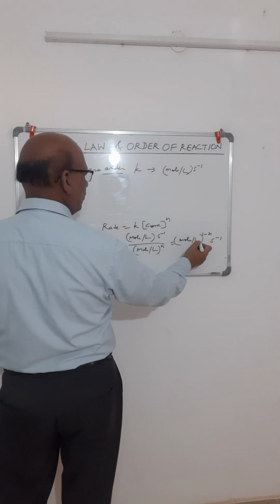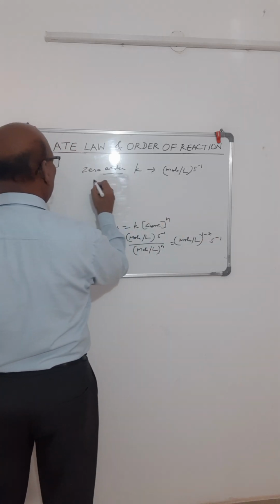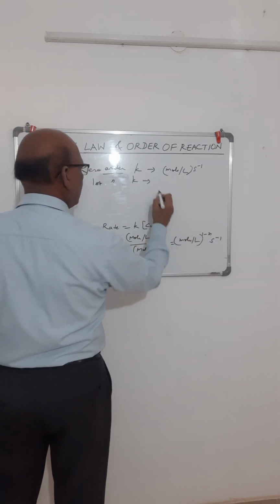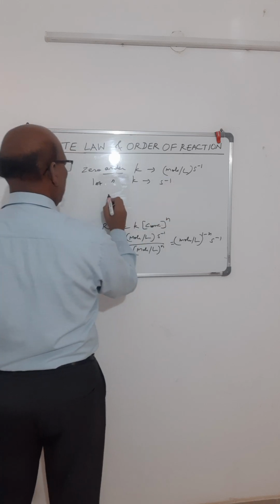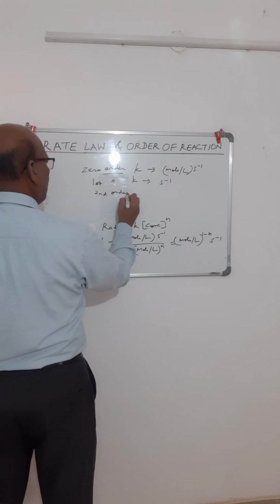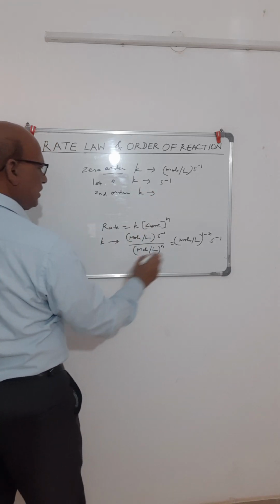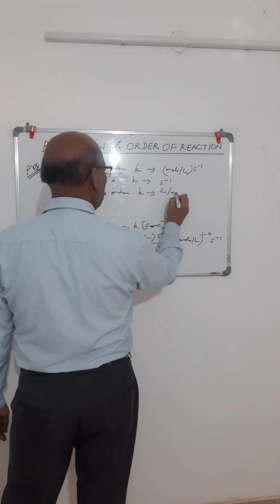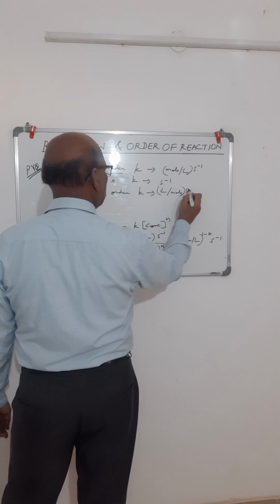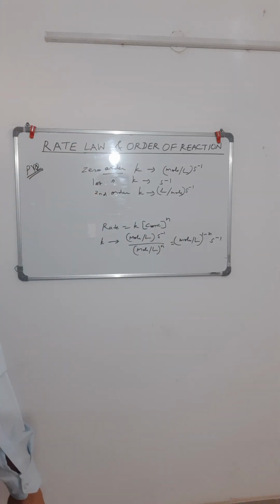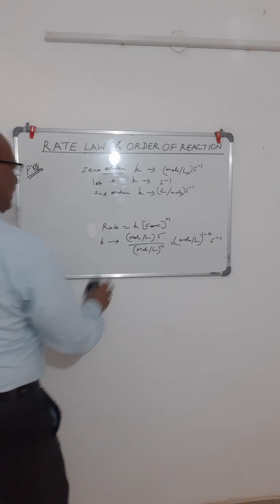It will become moles per liter second inverse. For first order reaction, unit of k will be second inverse, and for second order reaction, what will be the unit of k? That will be liter per mole into second inverse. So that is how we can find the units of k.